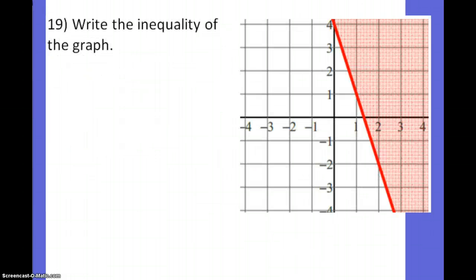Write the inequality of the graph. If we want to write an inequality, we want it in the form y and mx plus b. We can first put the inequality sign. If you notice, that is a solid line, so we know we have the equal to, and it is shaded above the line, so that is going to be greater.